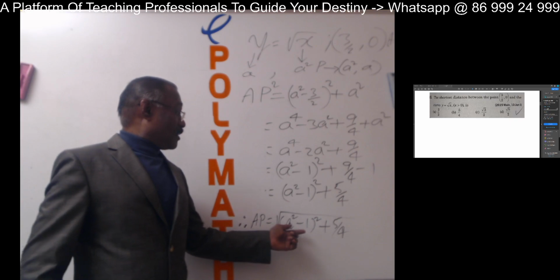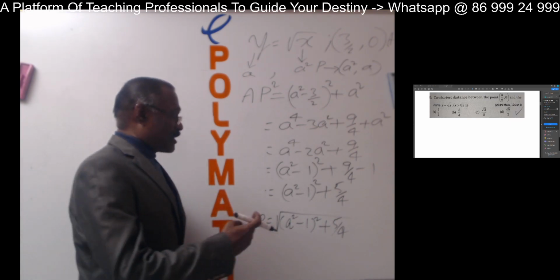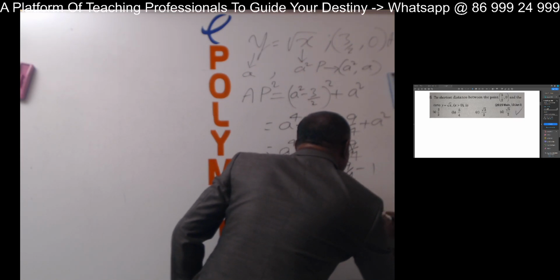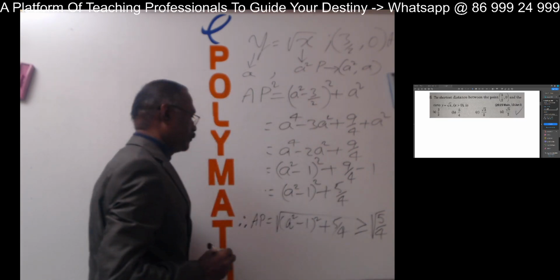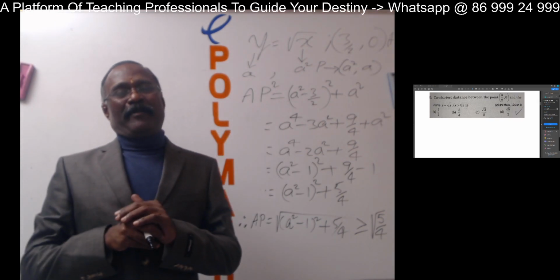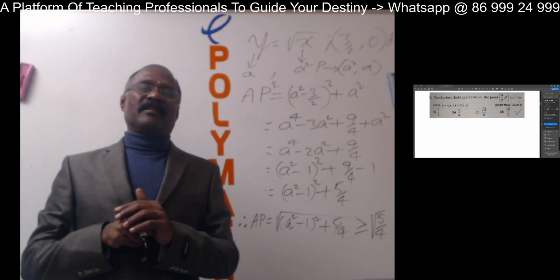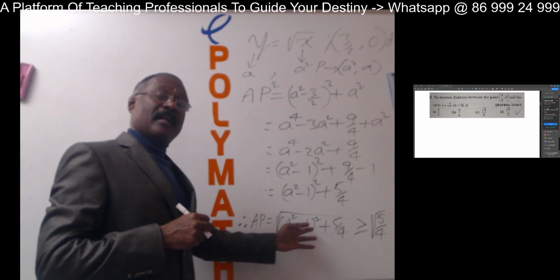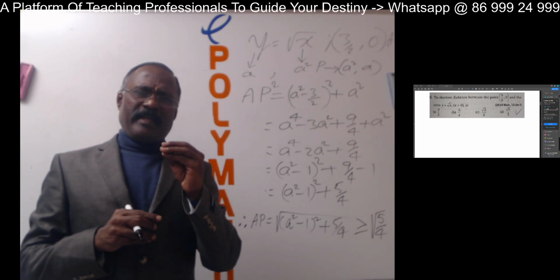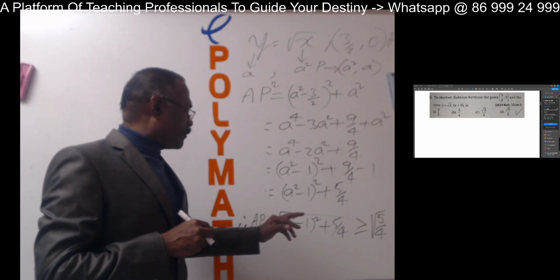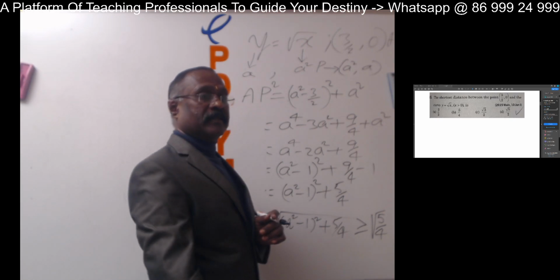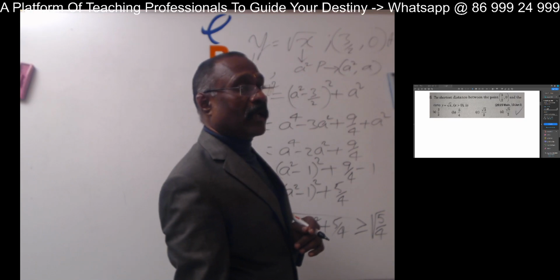So this value is always greater than or equal to root 5 by 4, because some positive quantity is always added under the root to 5 by 4. So whatever the resultant you get, it should be either equal to 5 by 4 or greater than 5 by 4. So what should be your answer now? I hope you understand that.